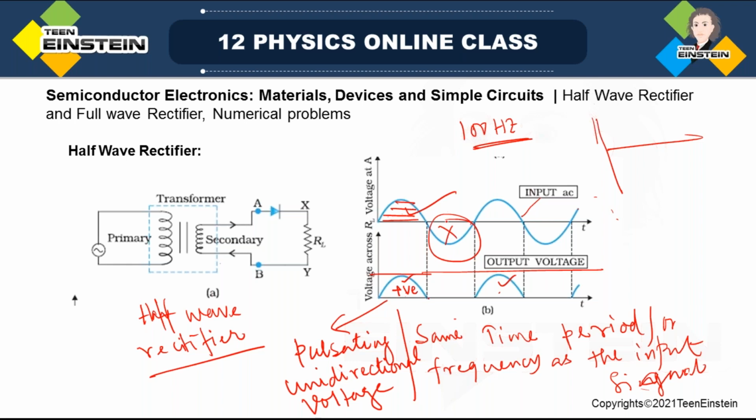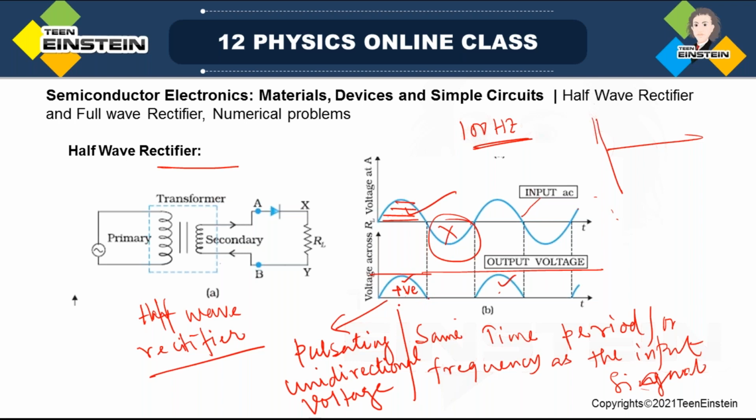So half of the wave is actually lost. Only half of the wave is rectified here. When we use only a single diode, the rectification happens for half of the alternating voltage or current. Since half of the waveform is rectified, this is called a half wave rectifier.